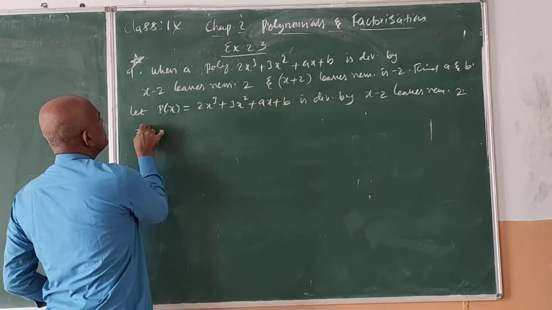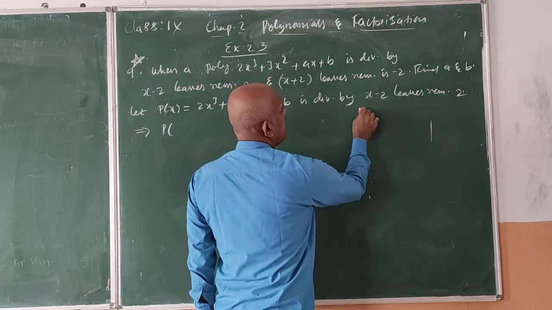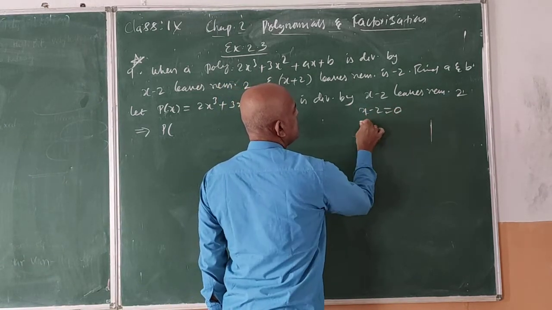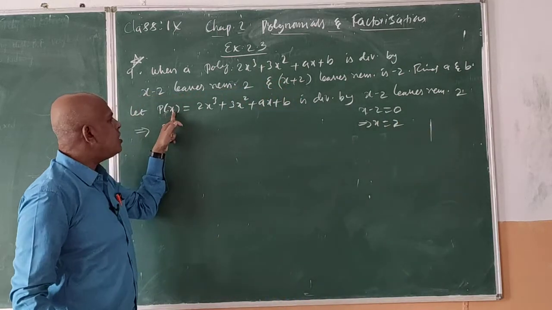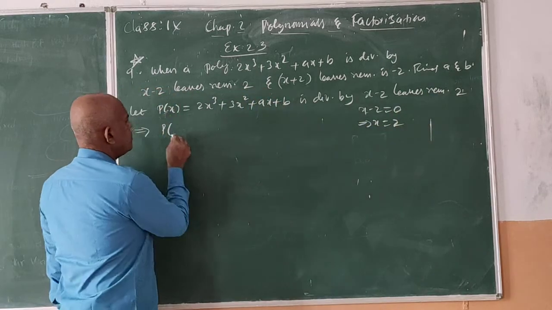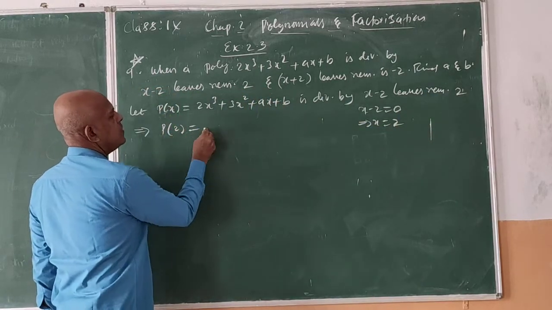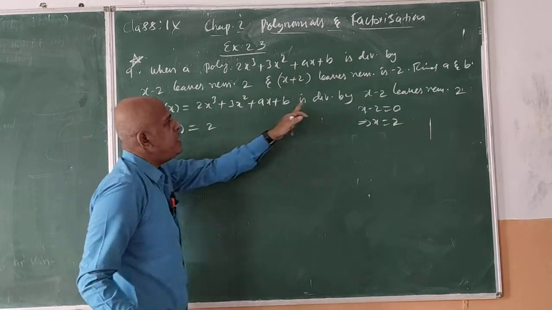Dividing by x minus 2 means x minus 2 is equal to 0, which implies x is equal to 2. Then in place of x we have to substitute 2, and equate it to the remainder 2. This implies p of 2 is equal to 2.